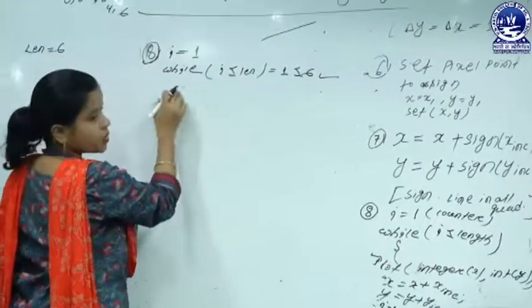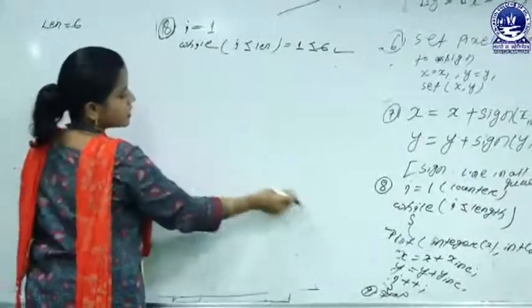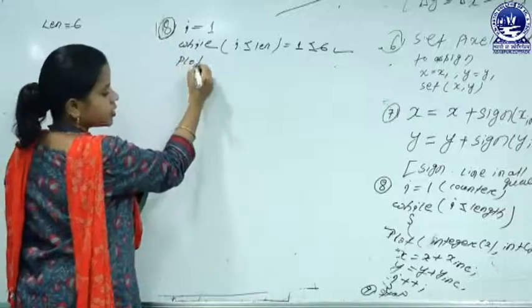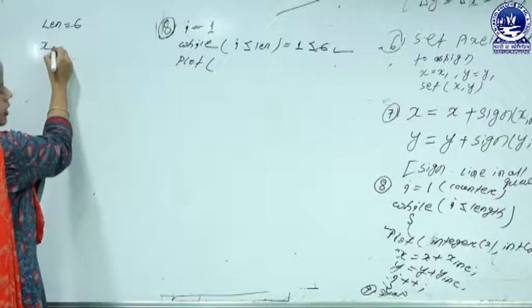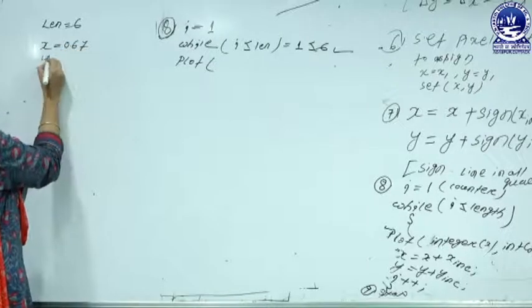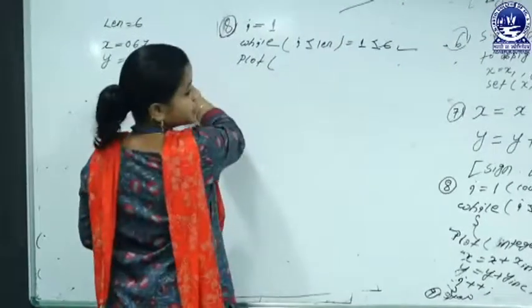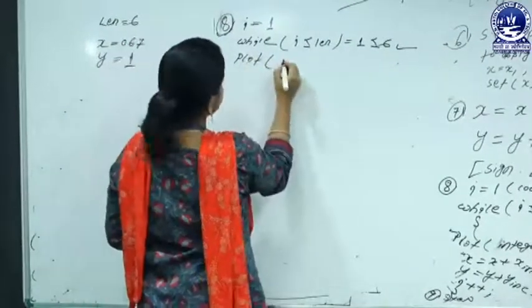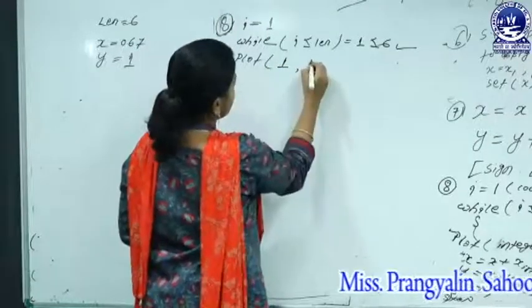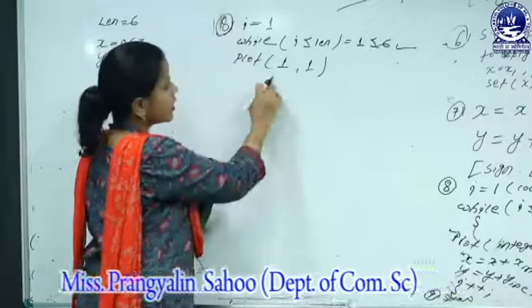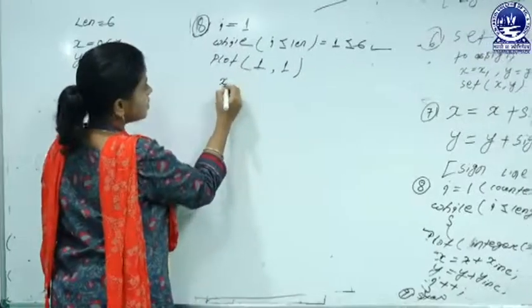If the condition is true in a while block, the program body is executed. So it enters the program body. The first statement is plot of integer value of x and y. Previously we found the x coordinate value 0.67 and the y coordinate value 1. The integer value of 0.67 is 1, and the integer value of y is 1. So now plot x and y. Then find the next incremental value using the previous coordinate value.